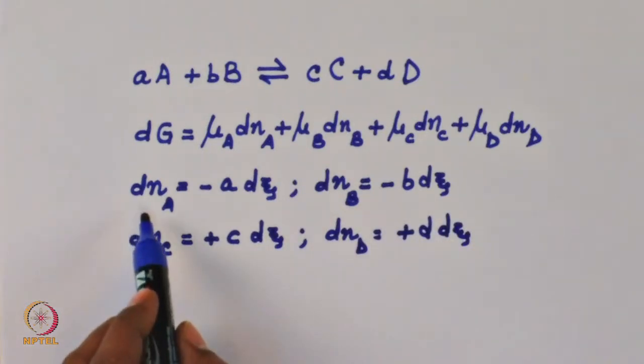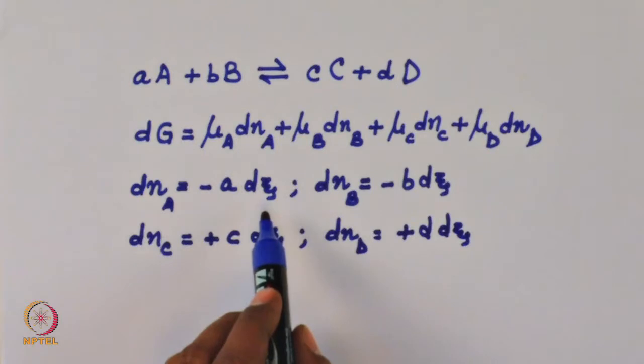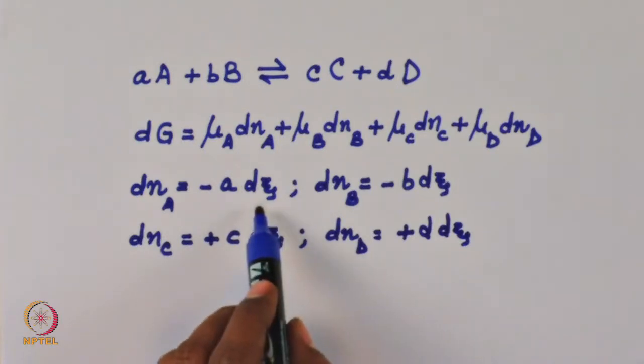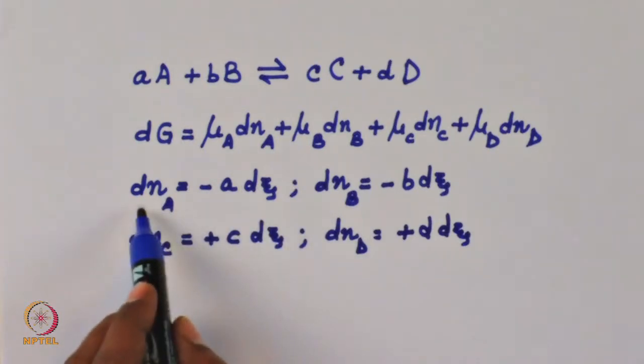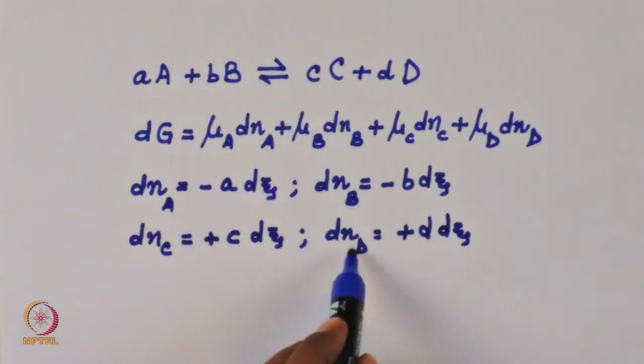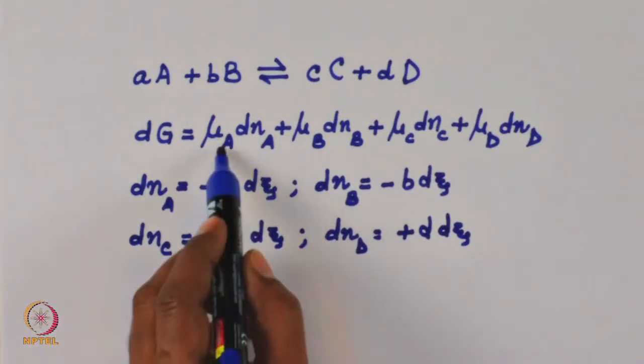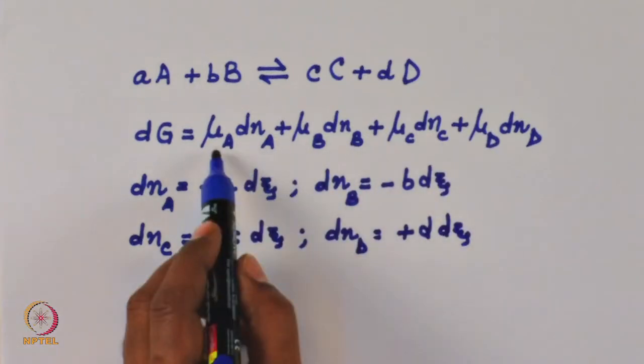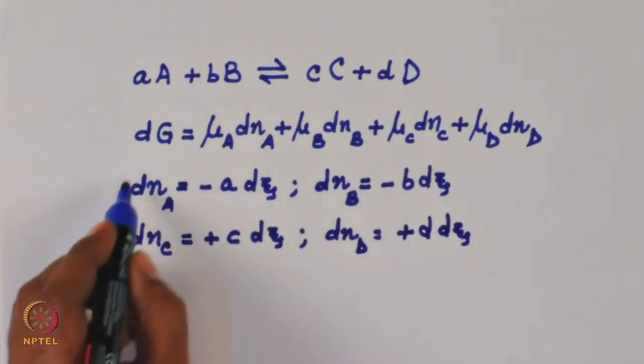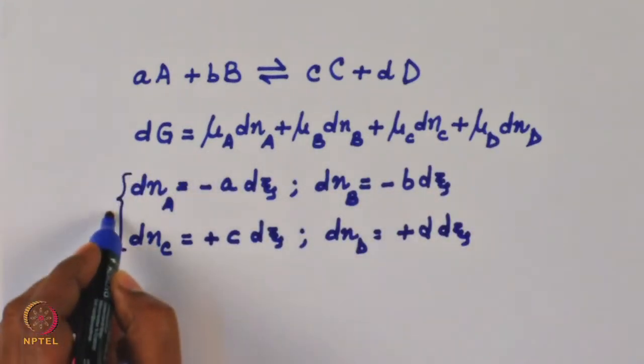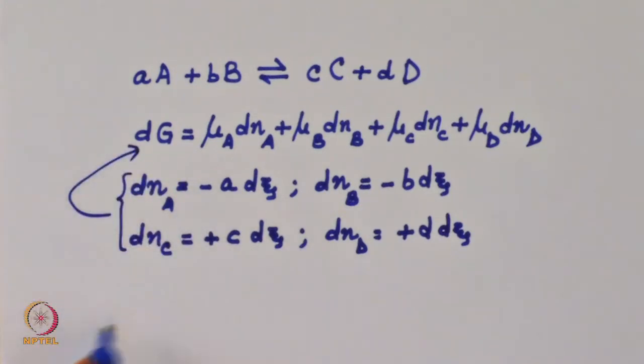What we have now, in terms of the extent of reaction, are expressions for dnA, dnB, dnC, dnD, which can be substituted in this expression, and let us see what we get.